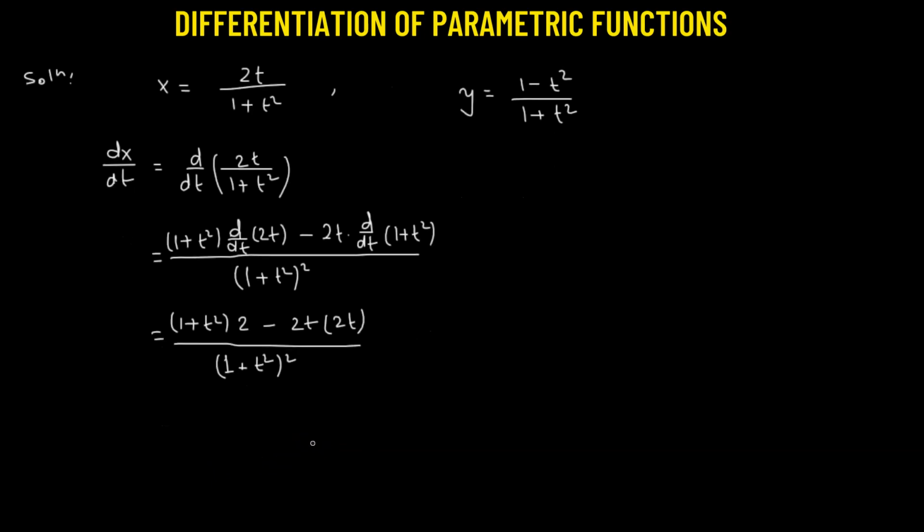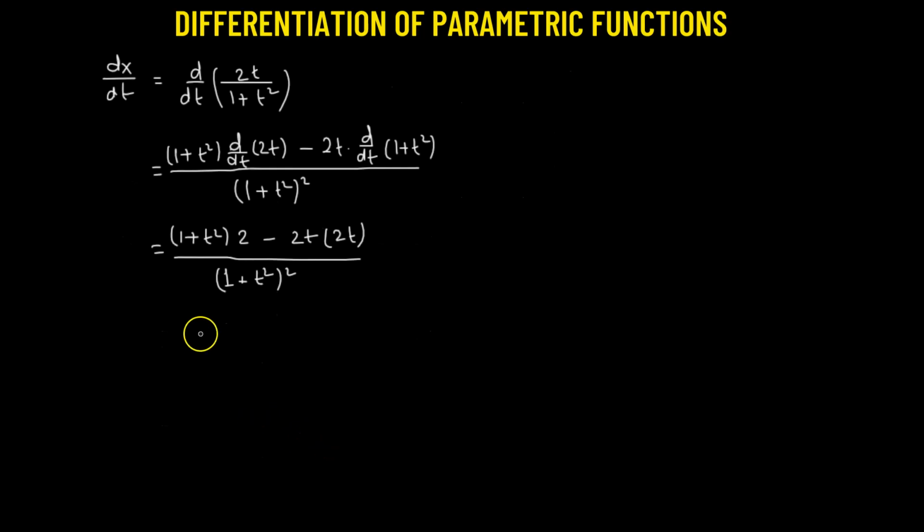Now let's simplify to obtain the derivative of x with respect to t. We have 2 plus 2t squared minus 2t times 2t, which is 4t squared, divided by 1 plus t squared whole squared. This equals 2 minus 2t squared divided by 1 plus t squared whole squared.